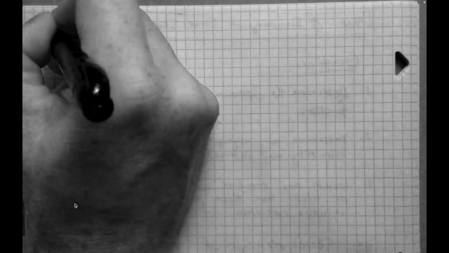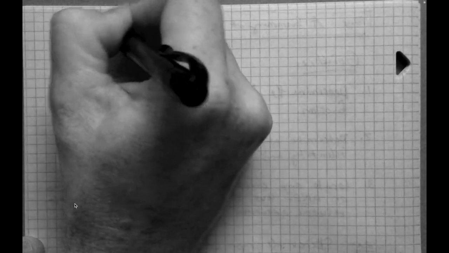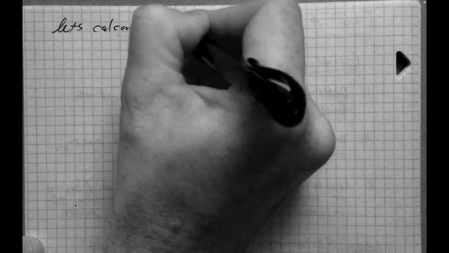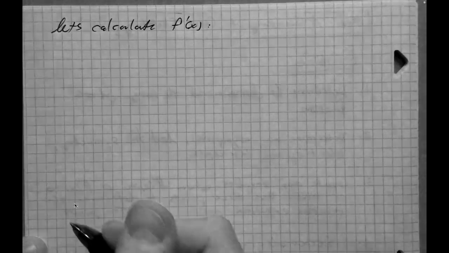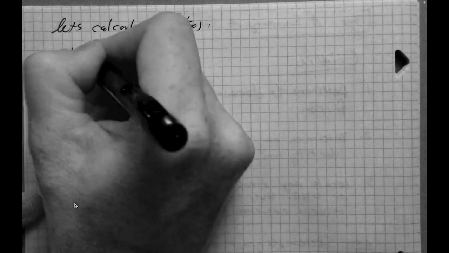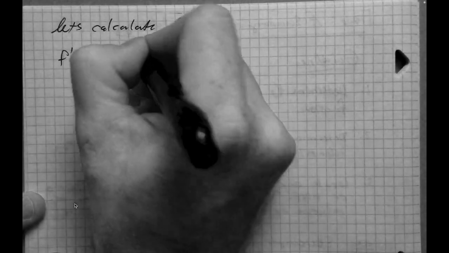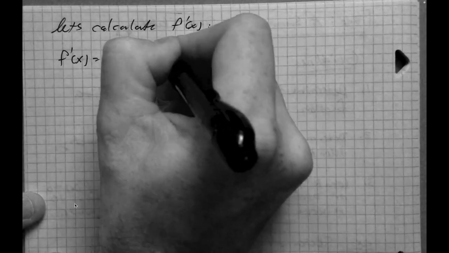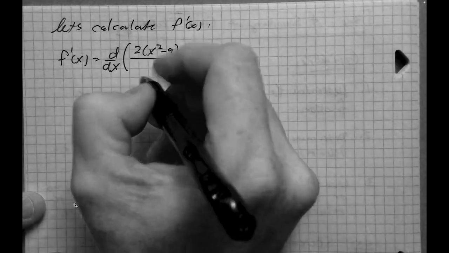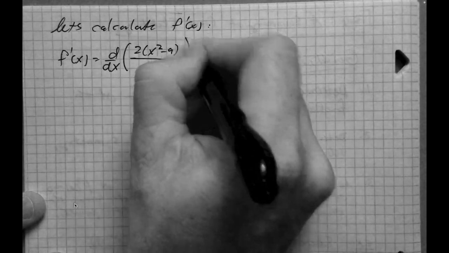So now we'll do some of the actual calculus here. So let's calculate f prime of x. So f prime of x would be d dx, and I'm just going to rewrite the function, 2x squared minus 9 over x squared minus 4.